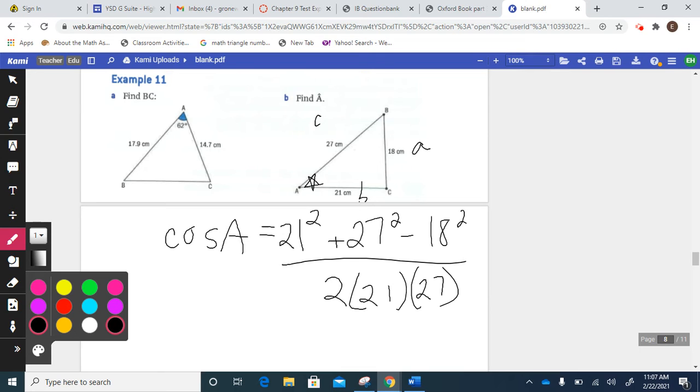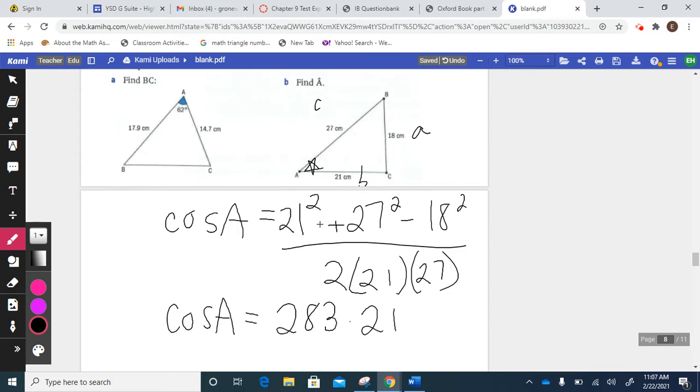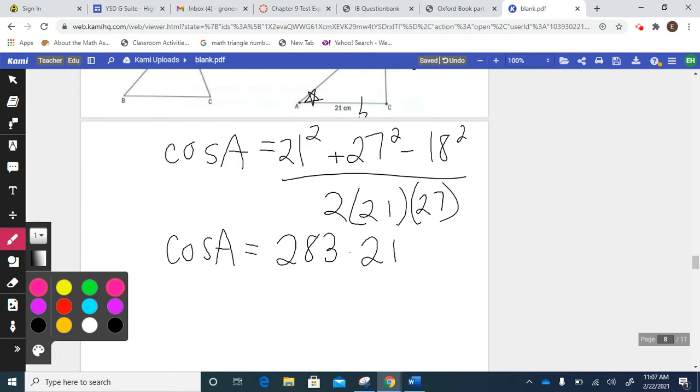All right, so for cosine of A, I got 283.21. But I'm not finished yet. I'm going to do the cosine inverse to both sides because I've got to get A by itself. So A will equal cosine inverse of 283.21.